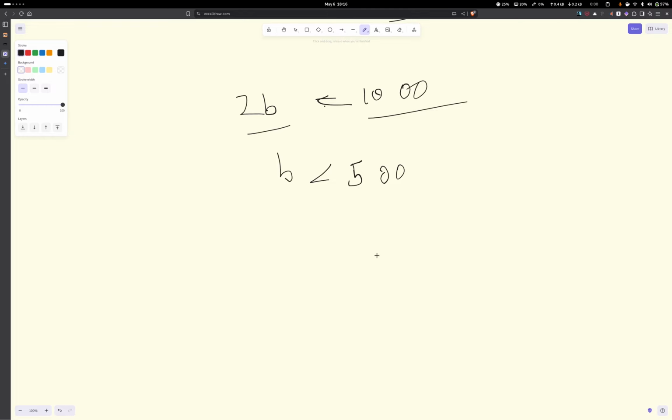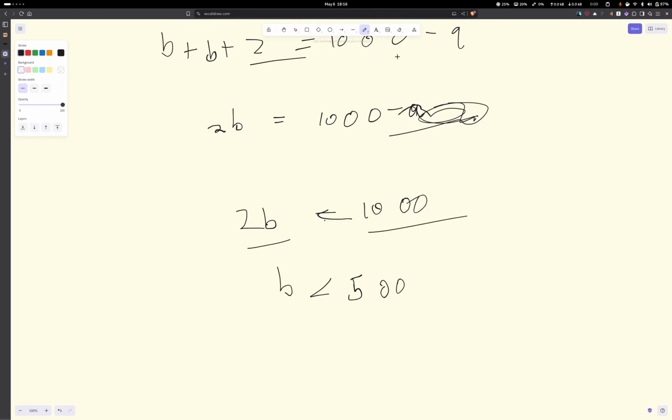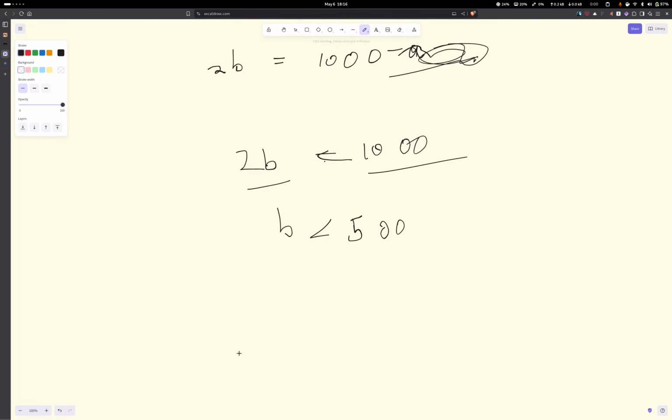B can be at most a little less than that, because we can't really know what Z and A are. What we're going to do is eyeball it and say it's going to be less than 500.